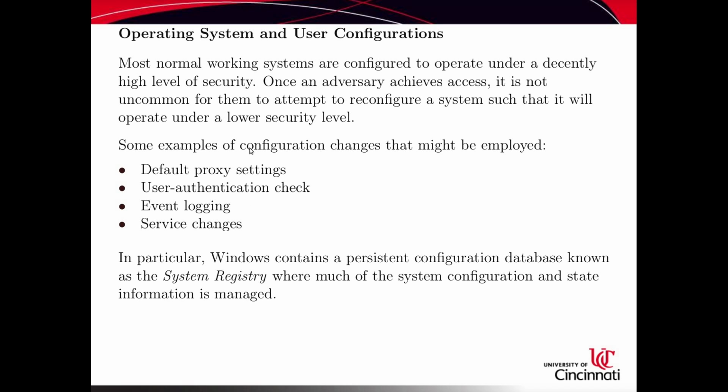So some examples of configuration changes that might be employed. Many of you who have worked at moderately large companies, or even more tech-savvy smaller companies, might be familiar with the concept of using a filtering proxy. This is actually a common thing at some schools too, to have a proxy that restricts and filters your access to the internet.